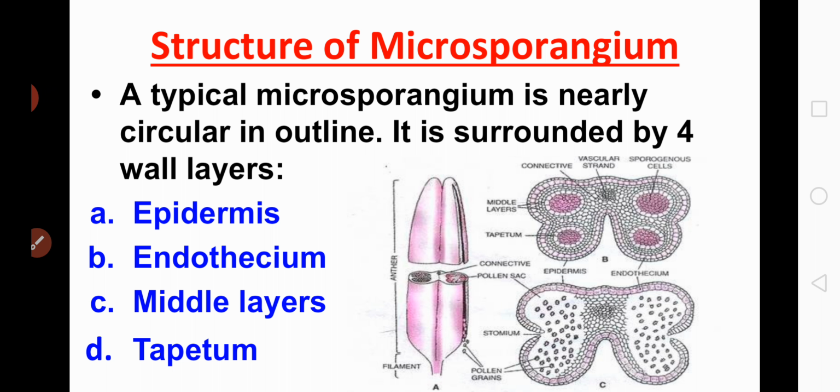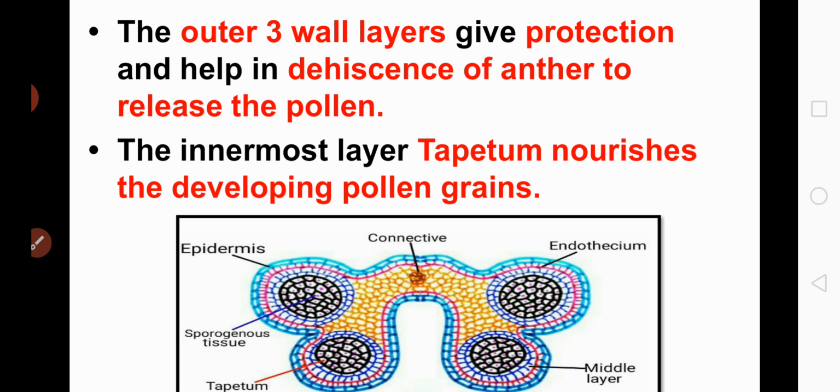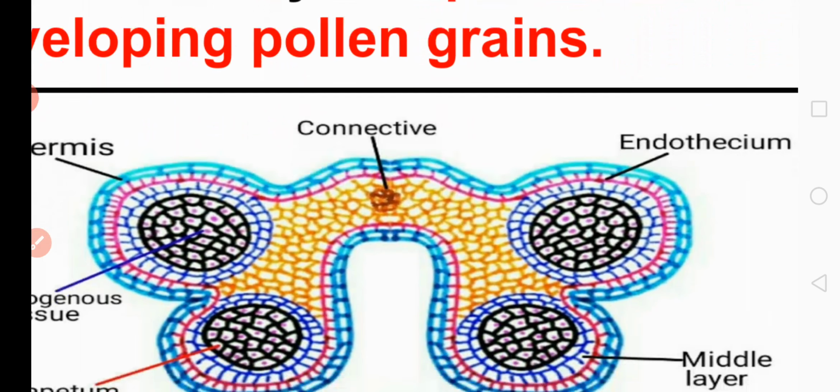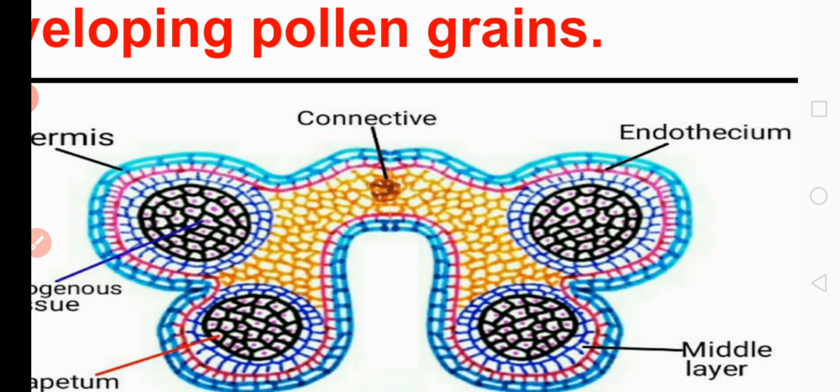Am I clear? Okay. Coming to the structure. Now in this picture, this is the structure of TS of microsporangium, TS of anther, where we can observe 4 chambers. These 4 chambers are called microsporangia, right?